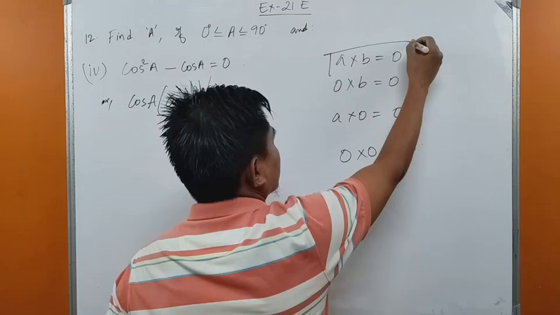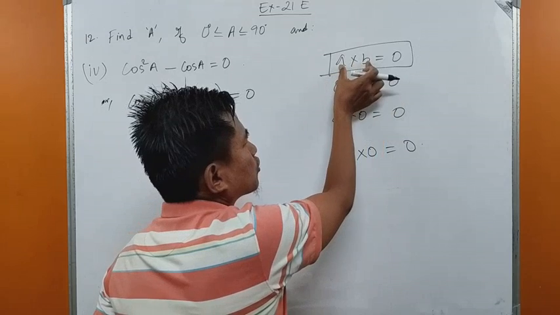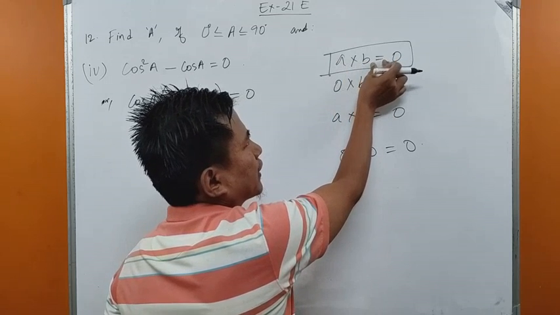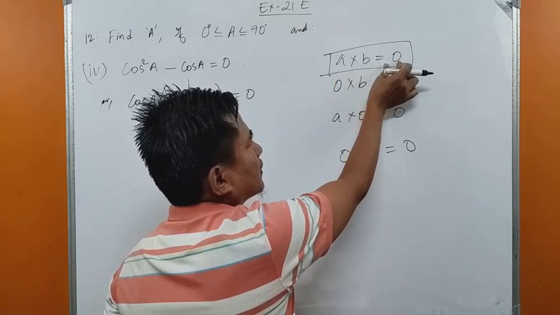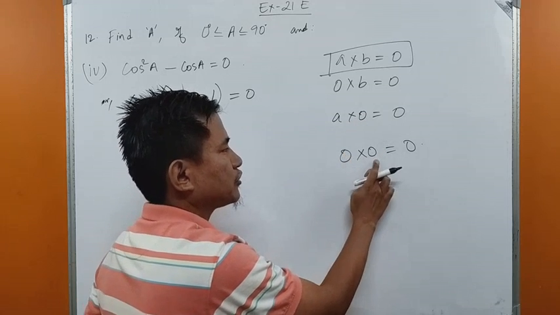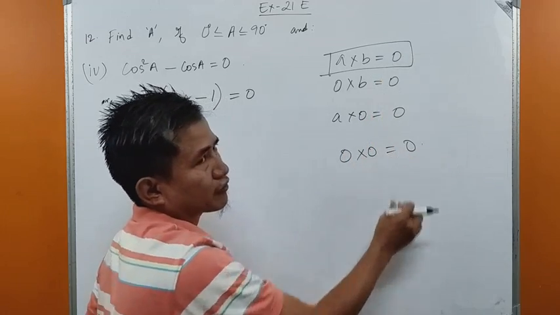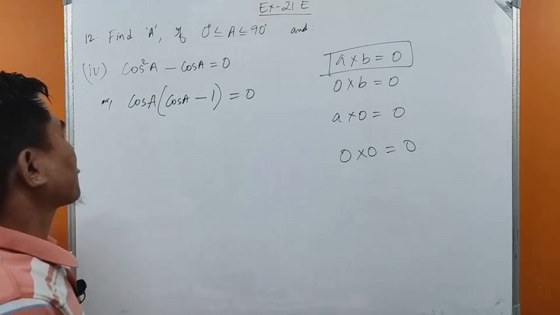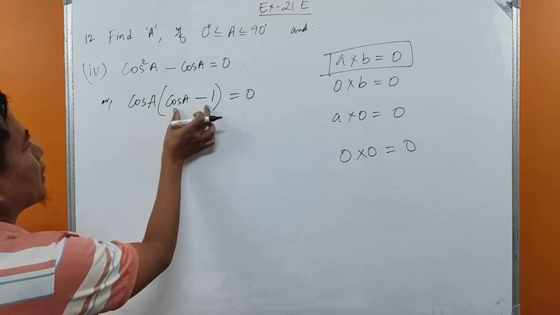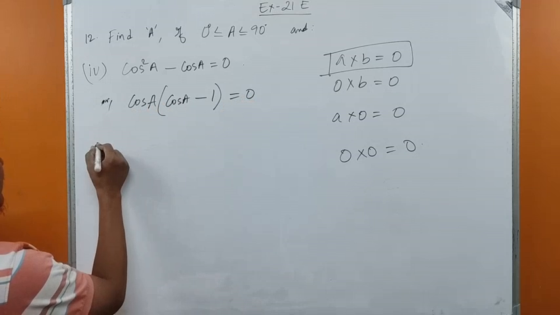So, to satisfy this equation, satisfy means that the value of the left hand side and the right hand side becomes equal, so that you can put an equal to sign between left hand side and right hand side. Either A should be equal to 0 or B should be equal to 0, or both of them should be equal to 0, then only you will get the result 0 in the right hand side. So what I mean by this is either cos A should be equal to 0 or cos A minus 1 should be equal to 0, so that when you multiply these two numbers you get 0, isn't it?